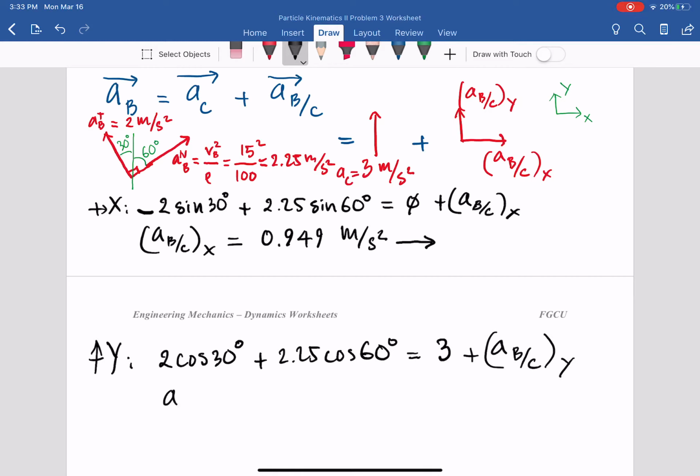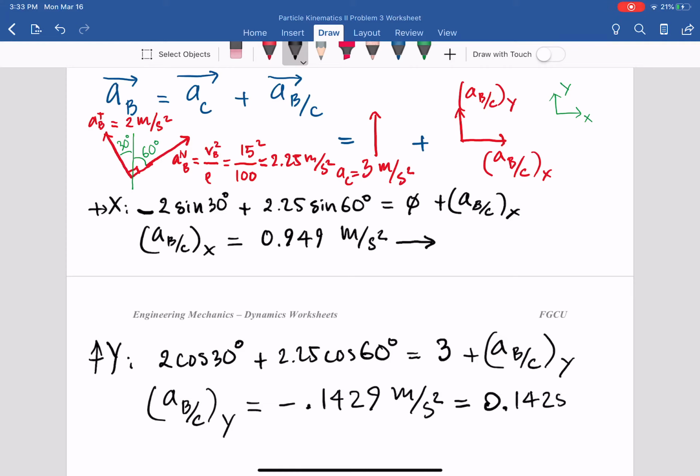Again, one equation, one unknown, so AB relative to C in the y component equals negative 0.1429 meters per second squared. Negative means opposite to our assumed direction. In the diagram, we assumed AB relative to C in the y direction going up, so this has to be going down, 0.1429 meters per second squared going down.